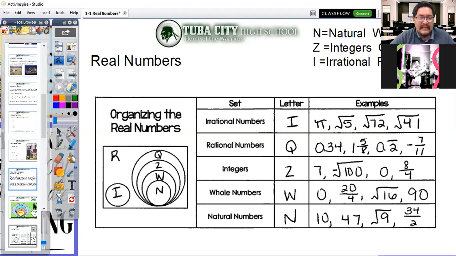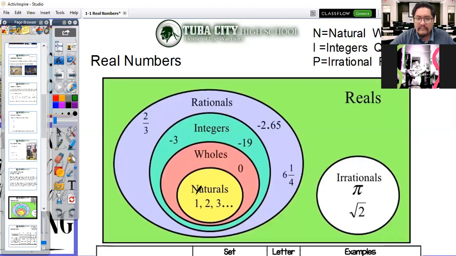So I'm going to go back to that diagram really quick and show some more examples of this. So if you have a whole number, like 0, it is also an integer, and it is also a rational number, and it is also a real number. But if we have a number like -3, that would be an integer, but it is not a whole number, and it does not have to be a natural number.